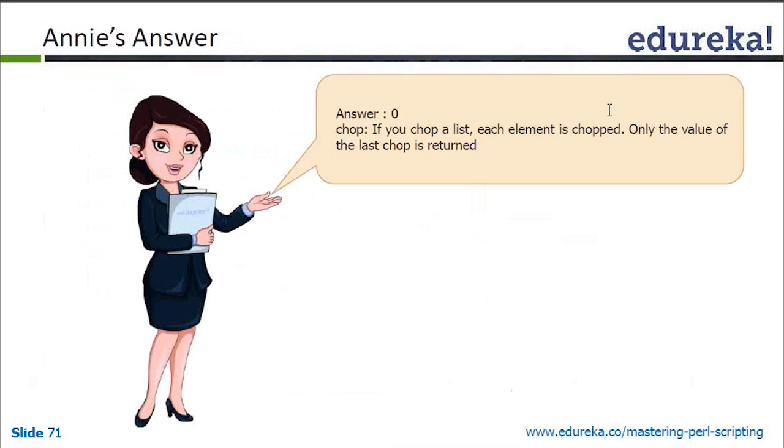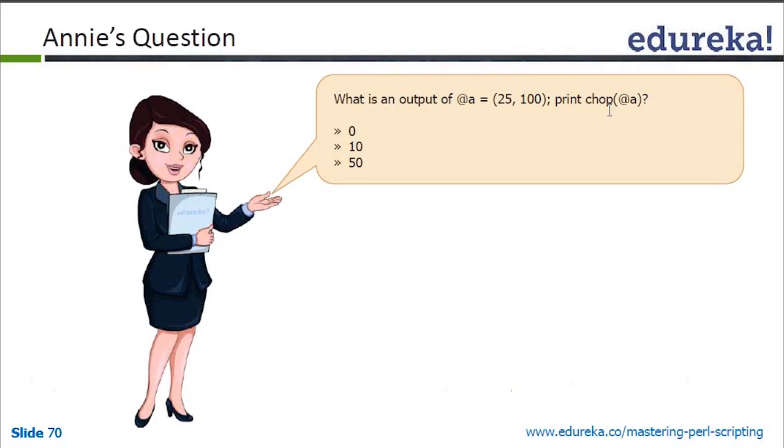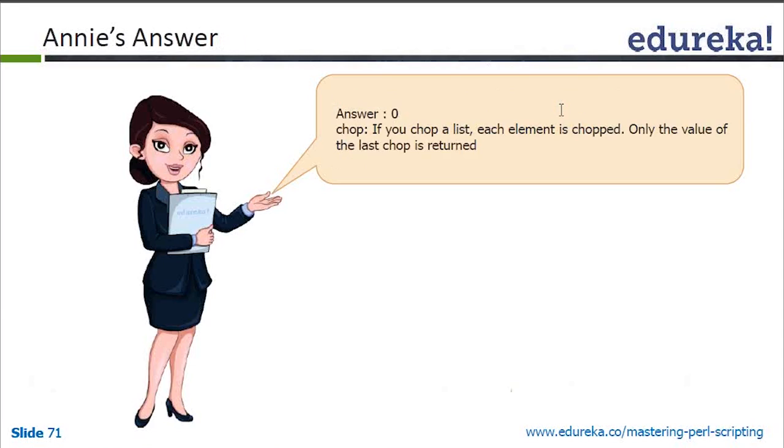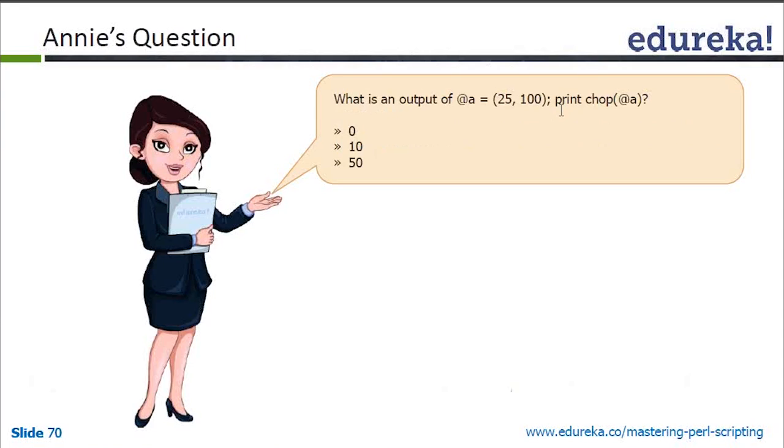You can see the answer is 0. If you chop a list, each element is chopped, and only the value of the last chop is returned. So each element is chopped, removed, and only the last chop is returned. So here the answer is 0, the reason being I want to chop the entire elements and we don't get anything.